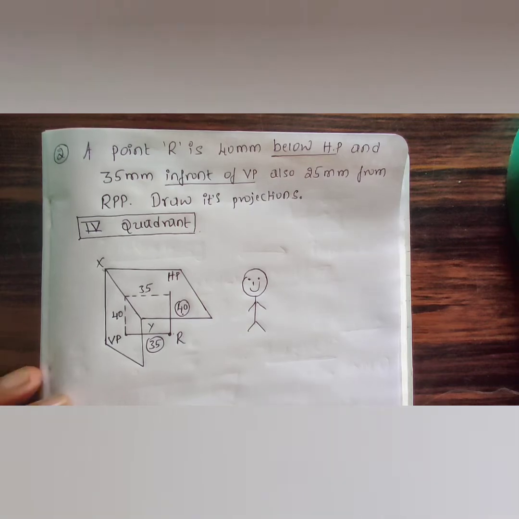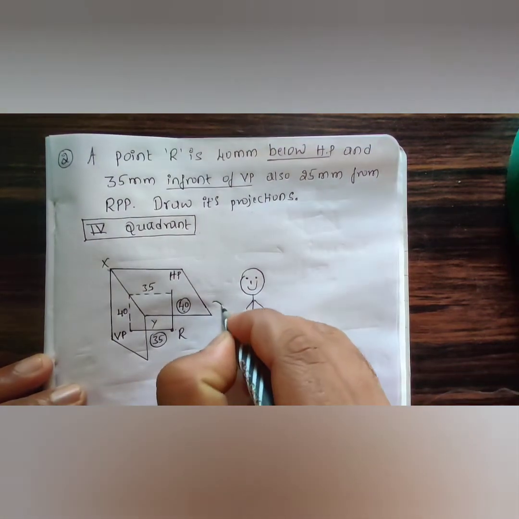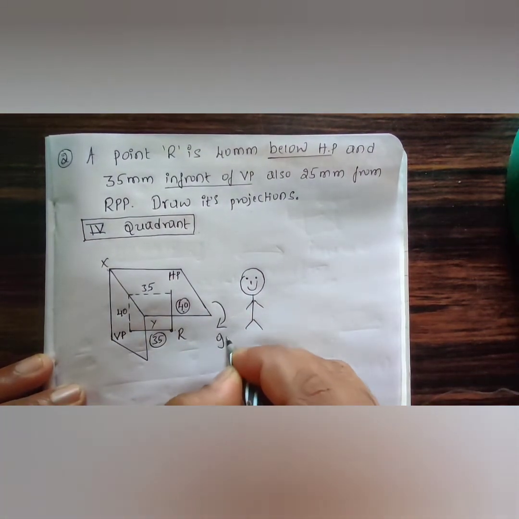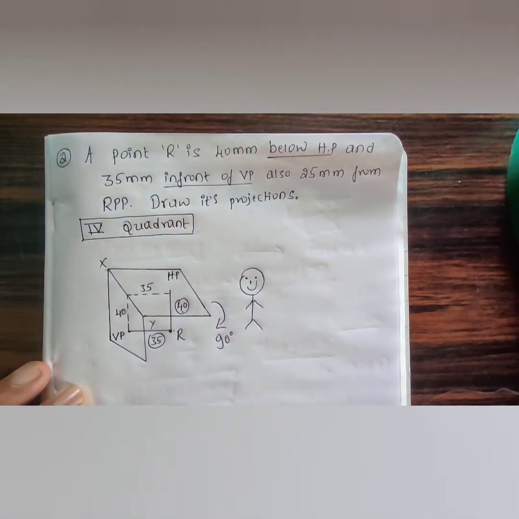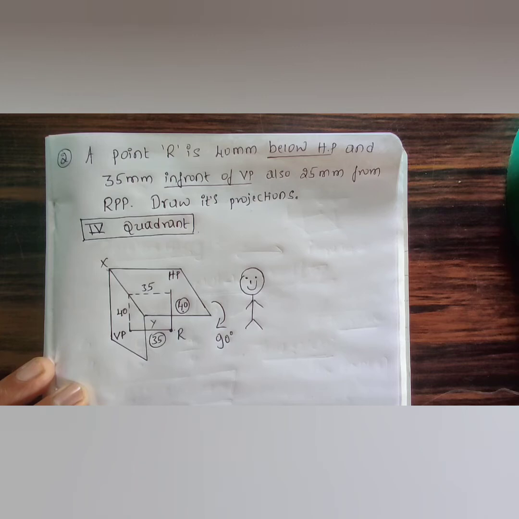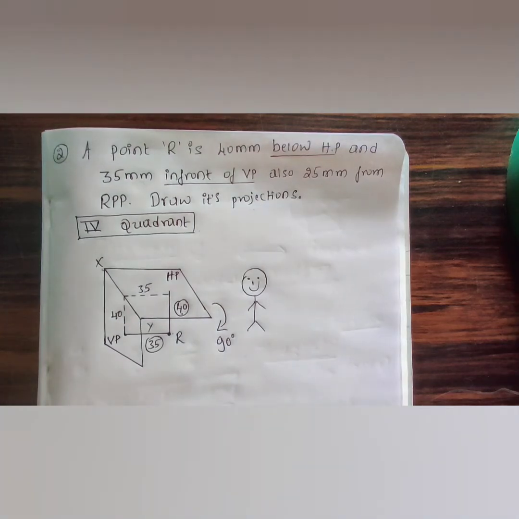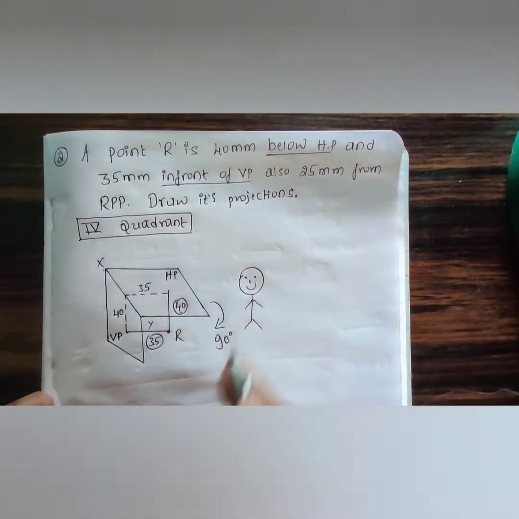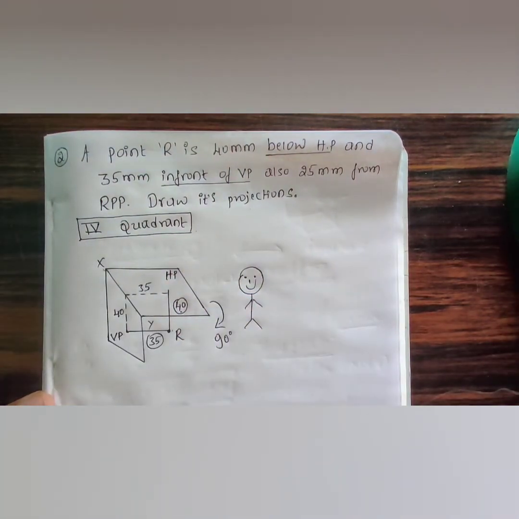Now we have to rotate HP 90 degrees clockwise to make it a single plane, correct. So after rotation, HP will come down. That means both HP and VP will be below the XY line.